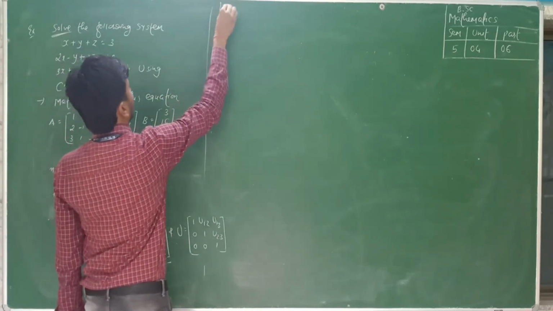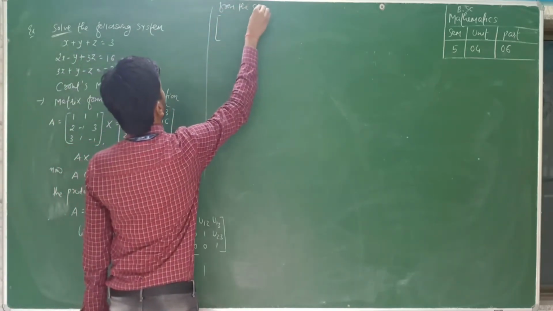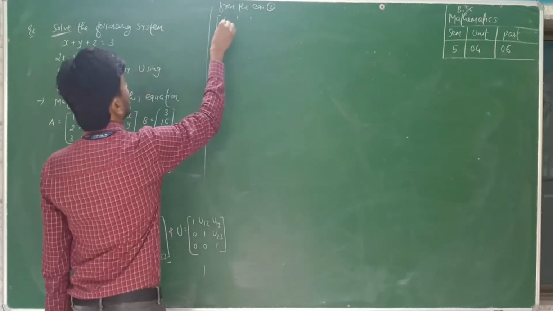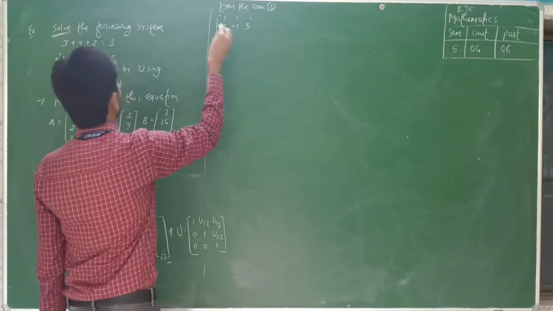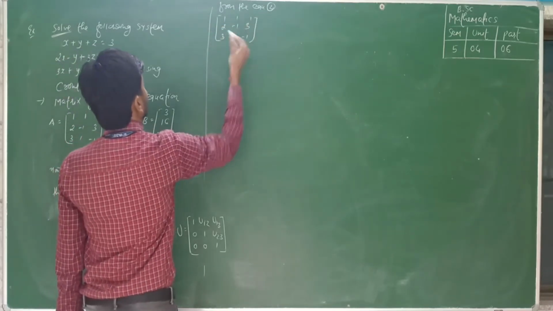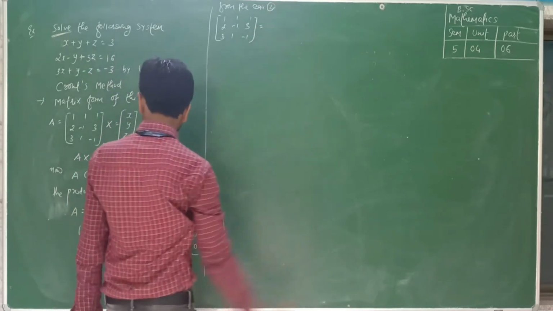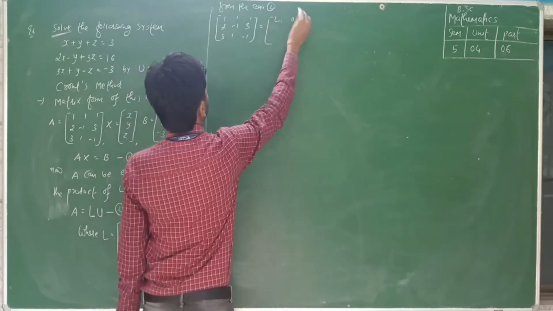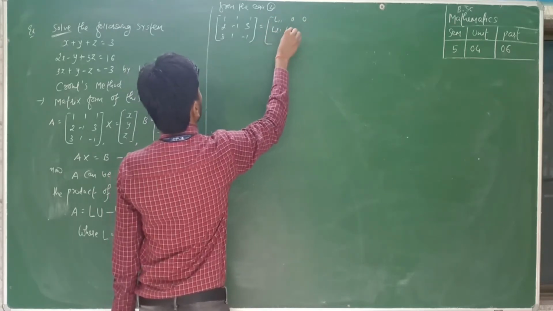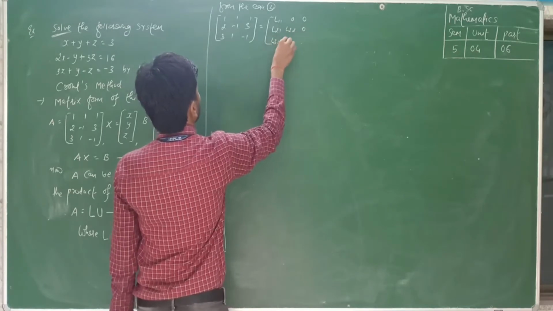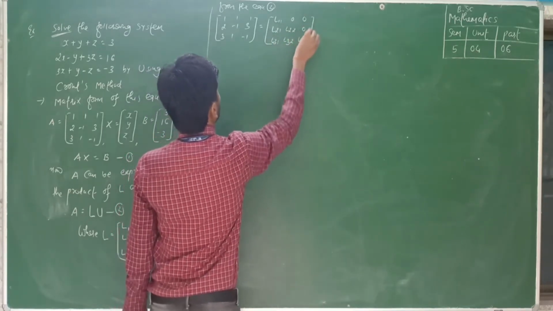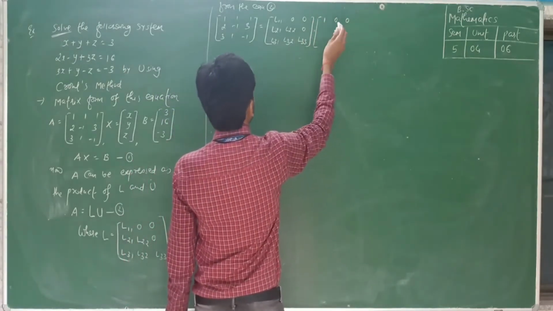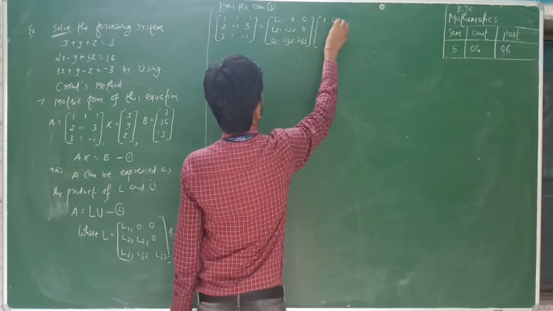Second, from equation number 2, A, that means 1, 1, 1, 2, minus 1, 3, 3, 1, minus 1, is equal to L, that means L11, 0, 0, L21, L22, 0, L31, L32, L33, into 1, U12, U13, 0, 1, U23, 0, 0, 1.